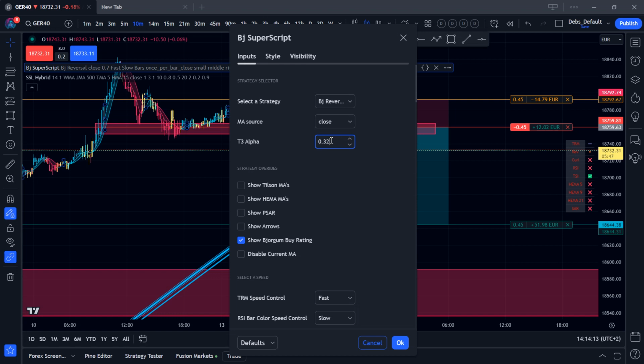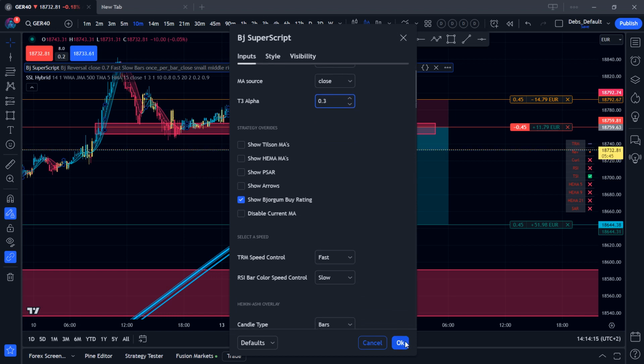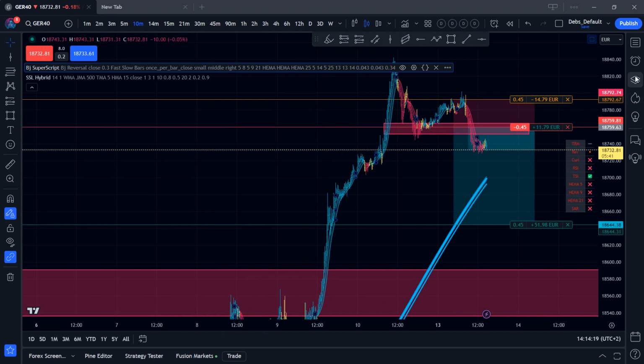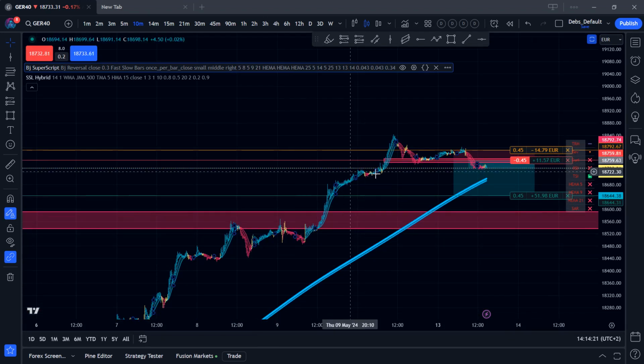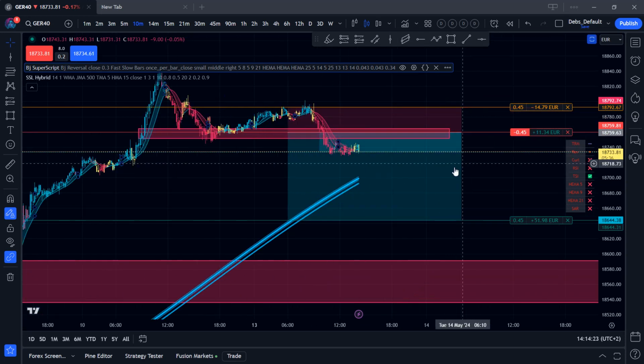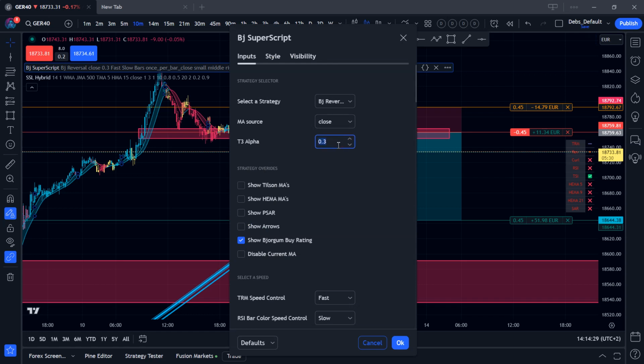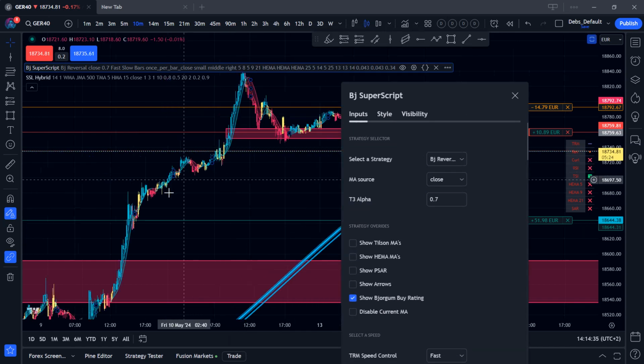If you set it to a lower value, you're gonna notice that it's a lot more trend filtering-y, but you're gonna get a less sniper entry kind of type. So I'm just gonna set it back to its original value, which is 7, which is going to be used for this strategy.